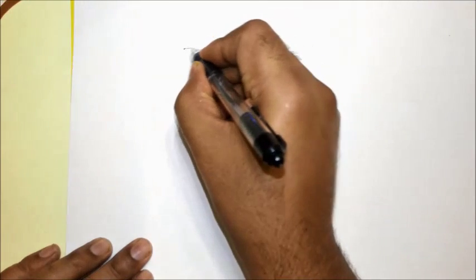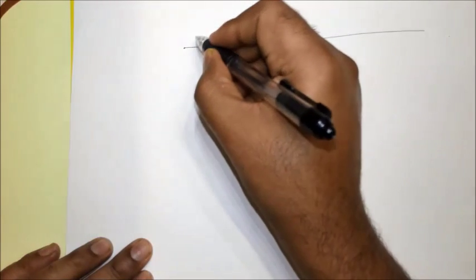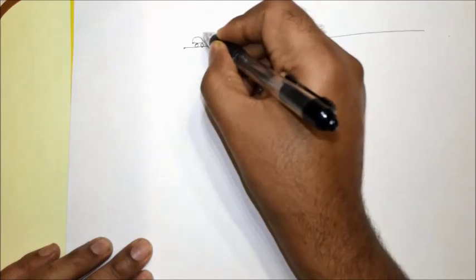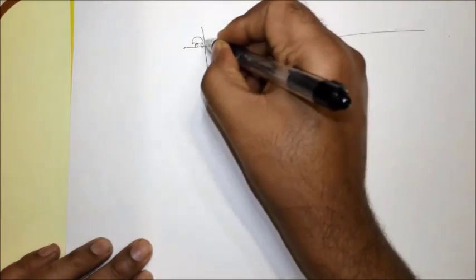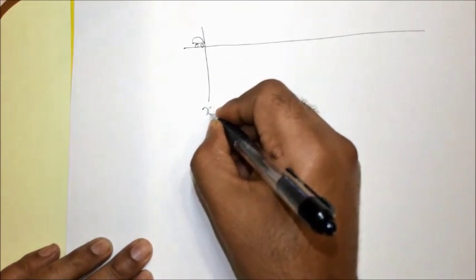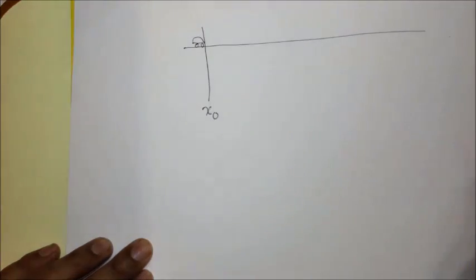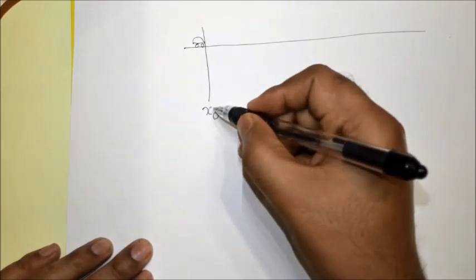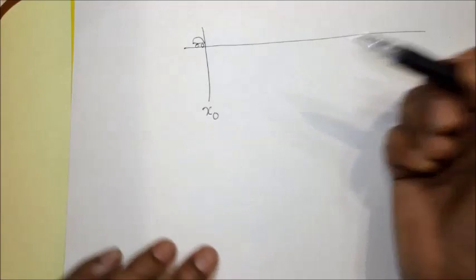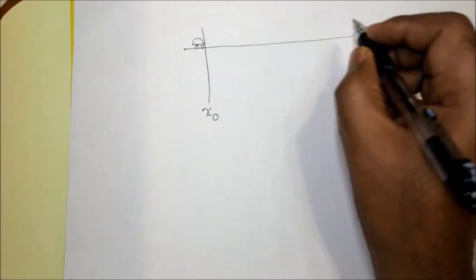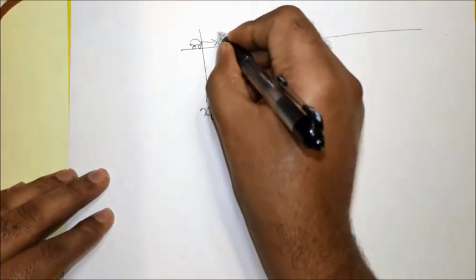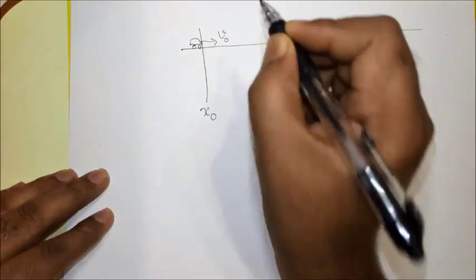Alright, suppose something is moving, maybe a car. Here is the starting point. Its position, you can say x initial, x0. That's the initial position. And here its velocity is v0.